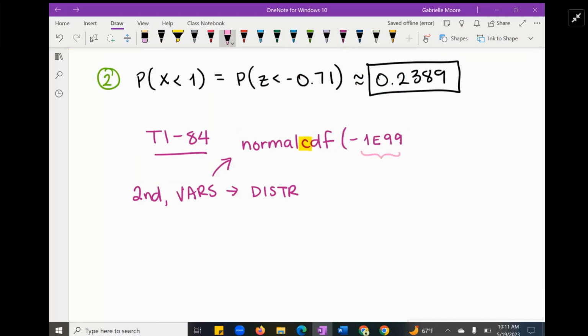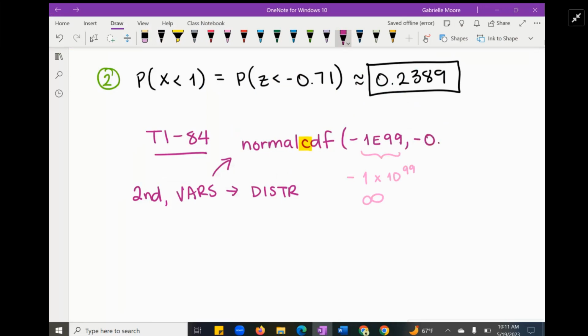Just know that that means -1 times 10 to the 99th power. This virtually means infinity, because the normal distribution curve is of continuous probability, and so the graph continues on forever and ever into infinity, right? So that's going to represent that.